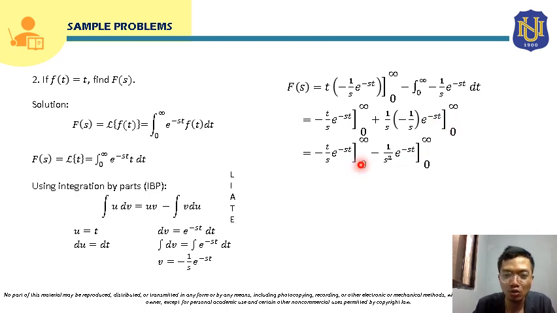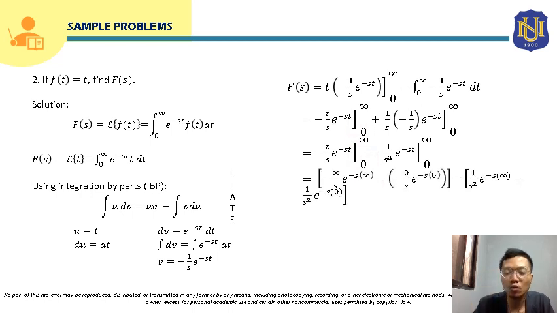So we will substitute our limits here, infinity and 0, for variable t. Variable t here will be substituted by infinity, and then e raised to negative s, this variable t will also be substituted by infinity. Minus, now we will substitute the lower limit.